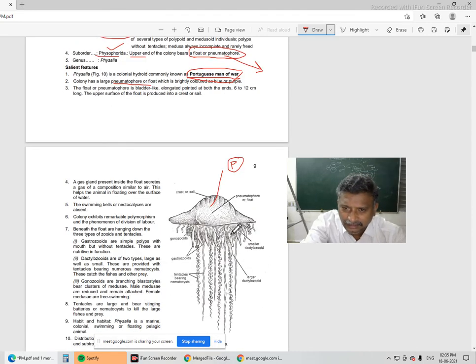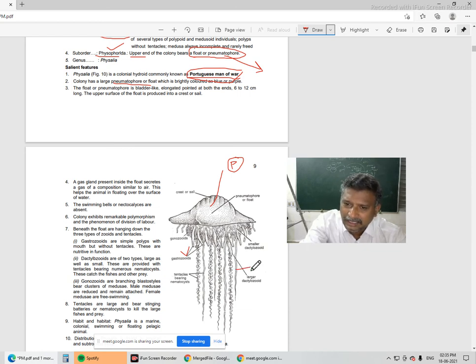Now from its bottom so many joints are there, without mouth and with mouth structures. Those with a mouth are called gastrozoids. Without a mouth, that is a dactylozoid.